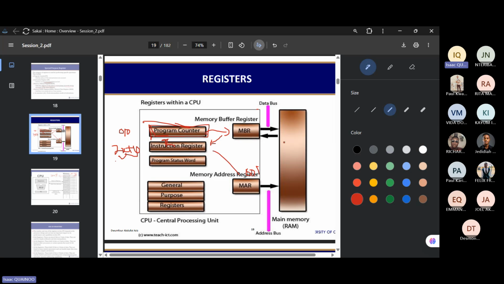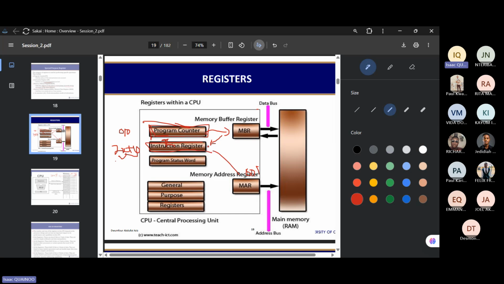So what will it do? It now fetches the address of that program from the memory address register. Okay, so the memory address register will then fetch the address of that particular instruction, and then the memory buffer register picks that address and then forwards it up, and then it goes straight to your instruction register, which then stores the instruction which is to be performed.